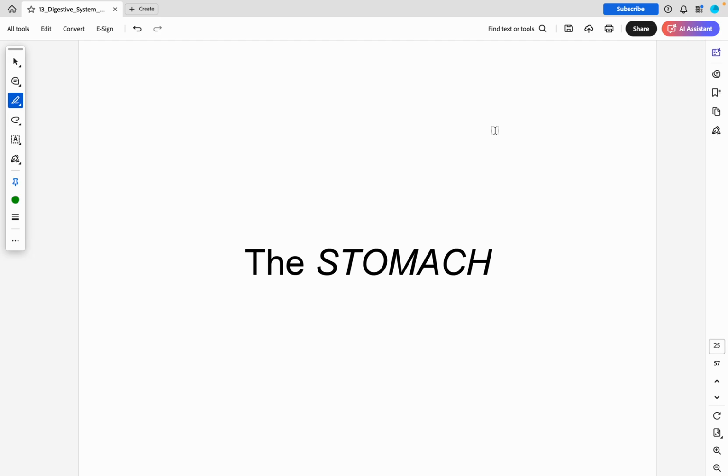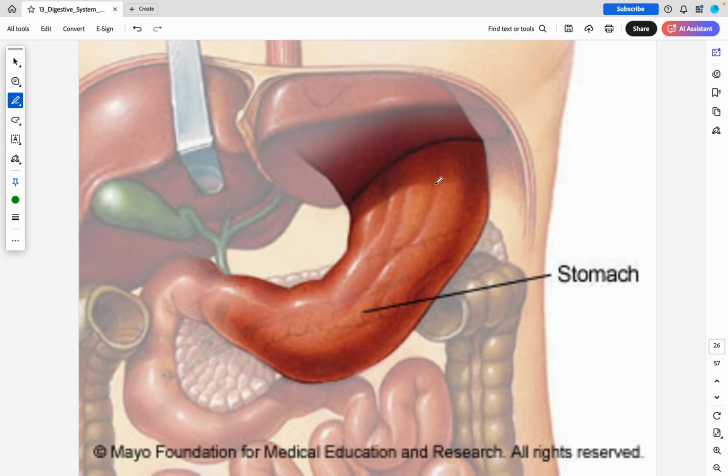There are several parts of the stomach. As a representation, we have this picture here. This tube or sac is very muscular in material, and it has several identified parts.